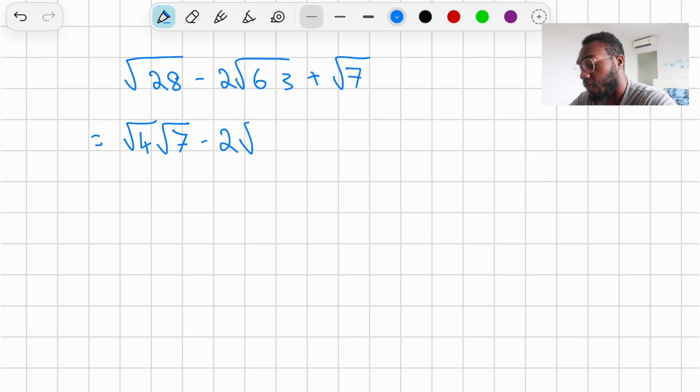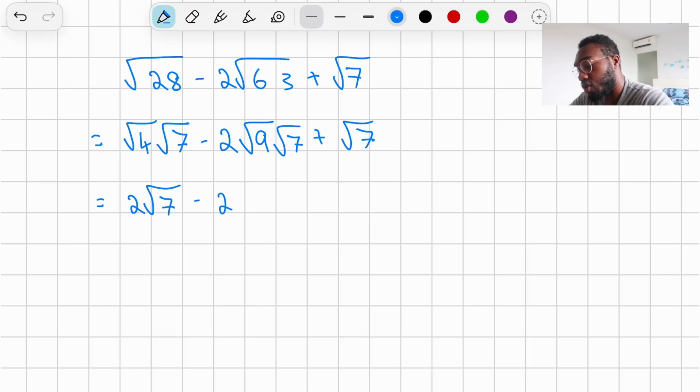So that would be the square root of 9 times the square root of 7, and then just plus the root 7, okay? So we simplify this down even more. Root 4 will give us a 2 root 7 minus 2 lots of 3 root 7. I'll write the times here. Remember, it's being times by that 2. And then we're just left with root 7.